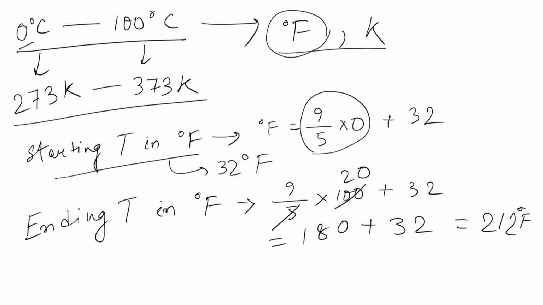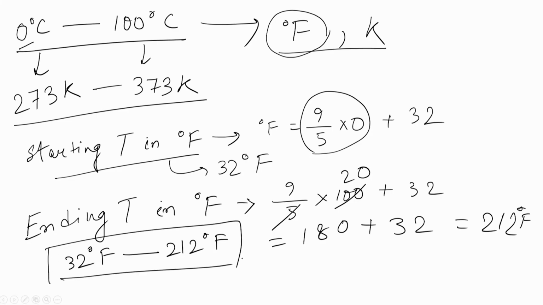So, the temperature range in Fahrenheit scale will be 32 degree Fahrenheit to 212 degree Fahrenheit. If someone asks what is the freezing point of water in Kelvin scale, we can say easily that it is 273 Kelvin. If we ask what is the boiling point of water in the Fahrenheit scale, then it is 212 degree Fahrenheit. So, this is how the unit conversion is done.